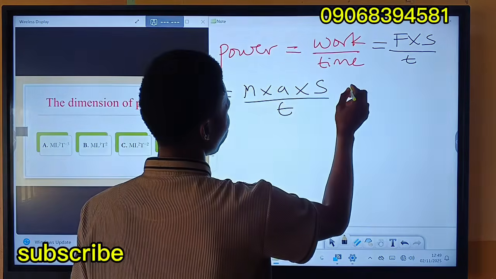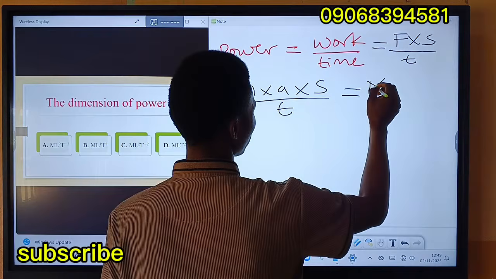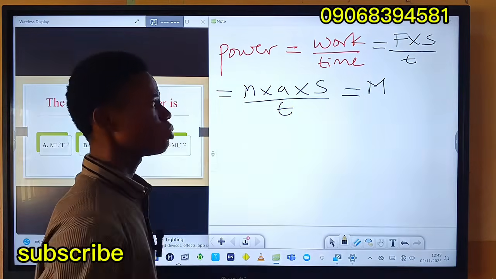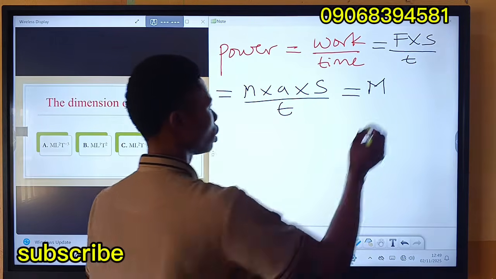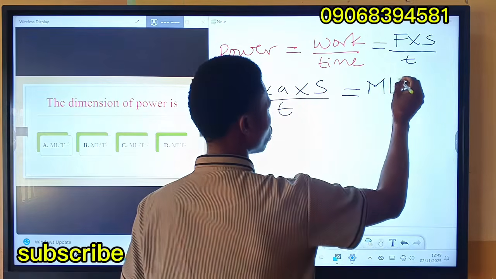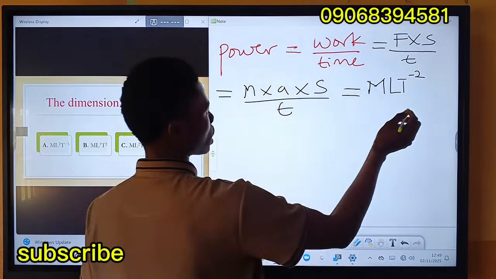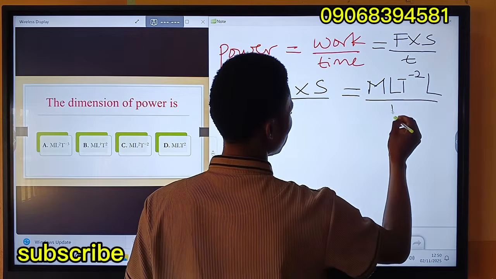From here, we use a capital letter M to represent mass, our fundamental quantity there. Acceleration, in the previous example, we found the dimension for acceleration as Lt raised to power minus 2. Distance is L, then all over T.